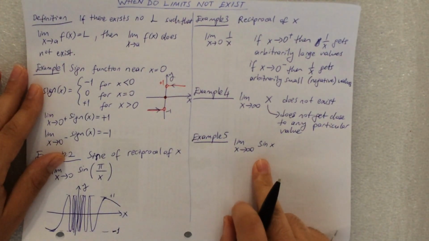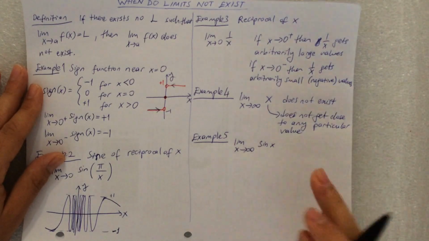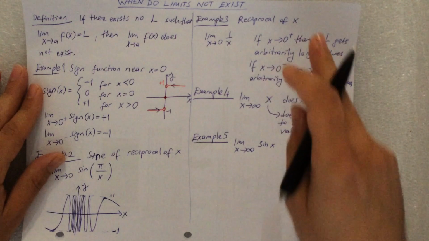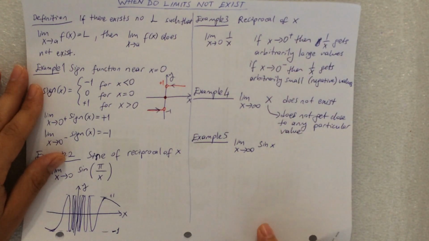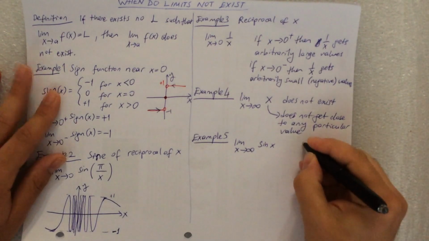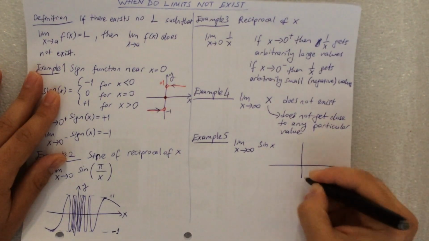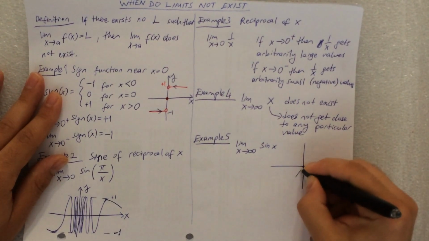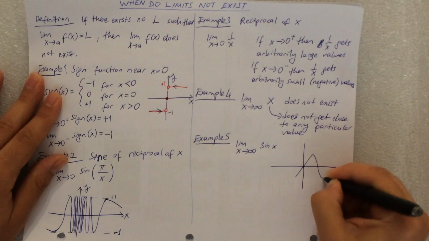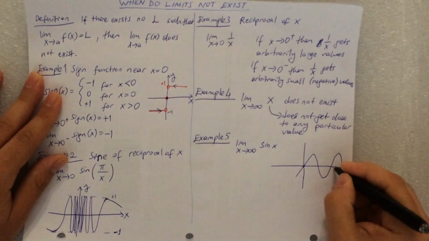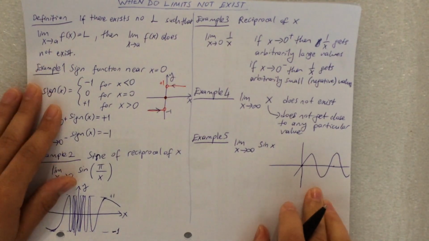This limit does not exist either, because this function periodically is going to oscillate between plus and minus 1, but it's not going to get close to any particular value, because the function is going to be like this, and so on.